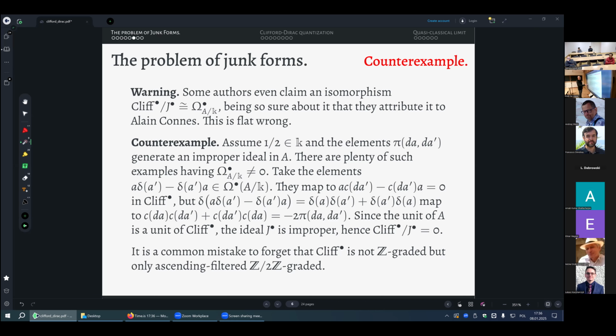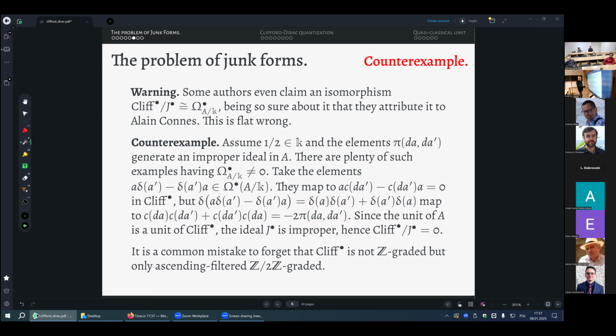But let's take the universal differential applied to this element. What do we have? We obtain the anti-commutator of two differentials of this element, which under our map goes to such anti-commutators in the Clifford algebra. But what is the anti-commutator? By the relation defined in the Clifford algebra, it is this element.